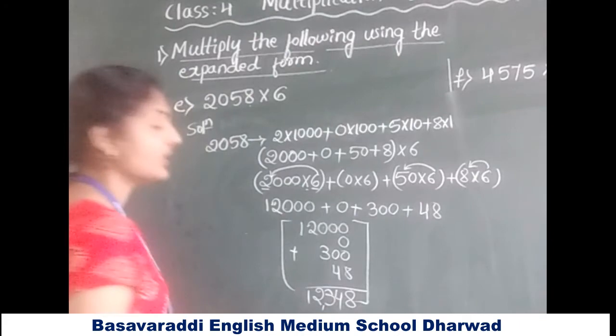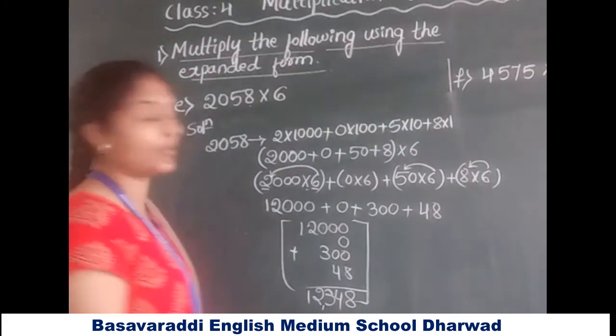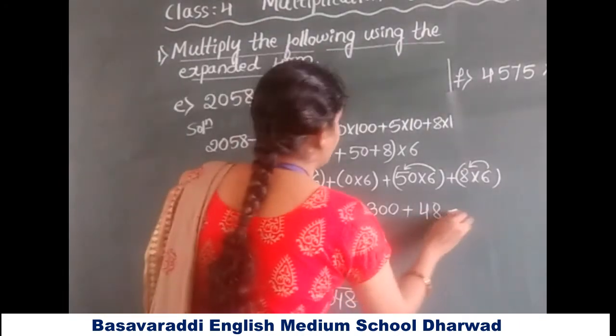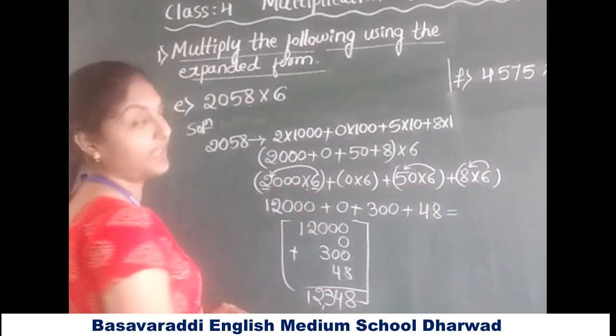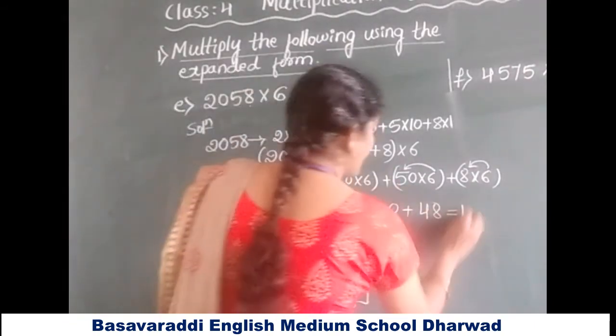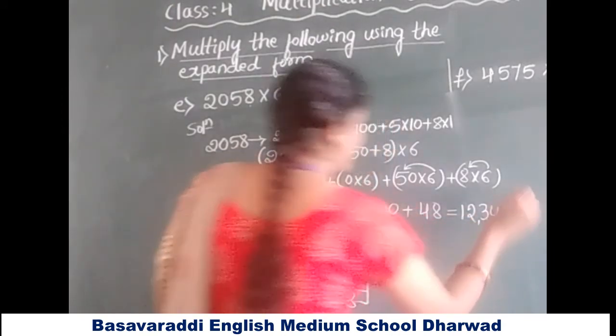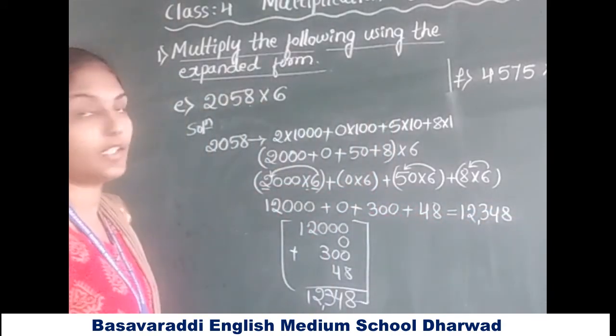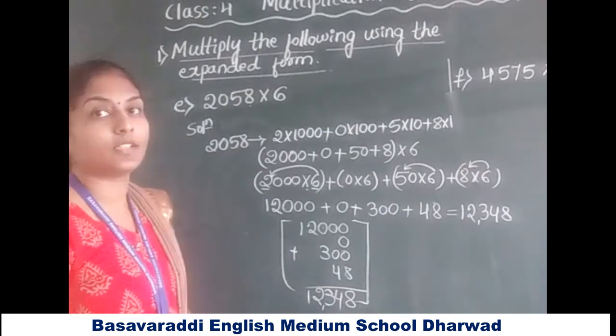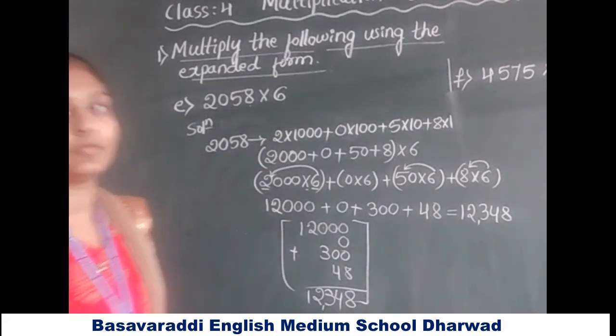What is the answer there? 12,348. Yes, what is the multiplication of the 2058 into 6? That is 12,348. Okay, that's it.